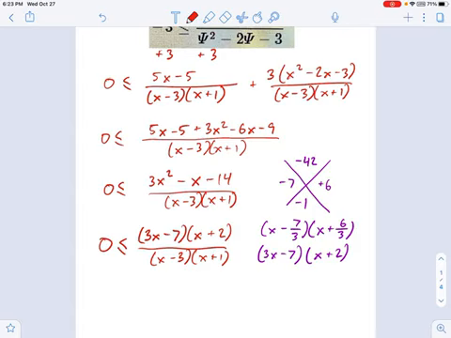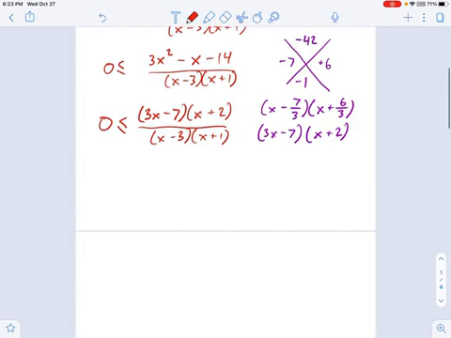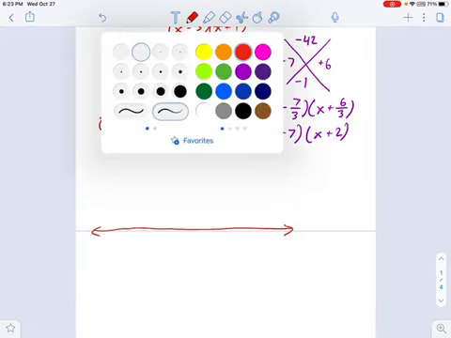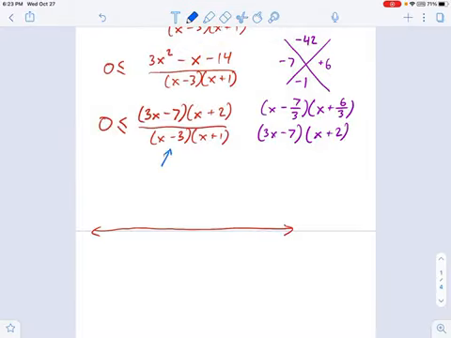Okay, now I'm ready for a sign array. So let's just build one right here. Pick this line, and you look at all the vertical asymptotes or intercepts. So let's do vertical asymptotes in blue. Our vertical asymptotes are going to be x equals 3, just put that here, and x equals negative 1, right there.